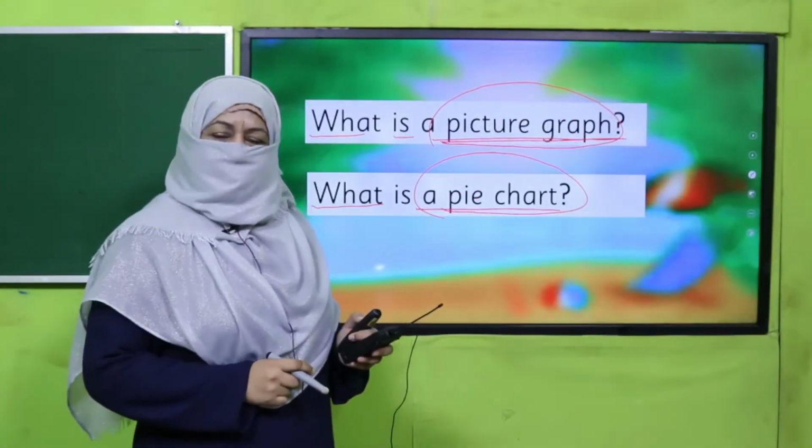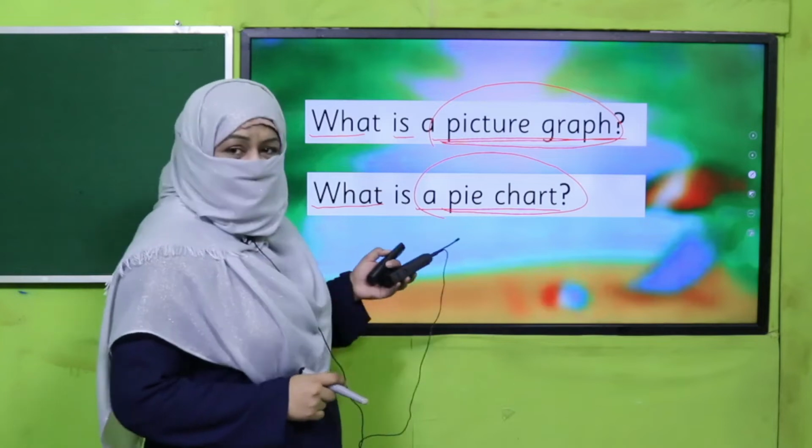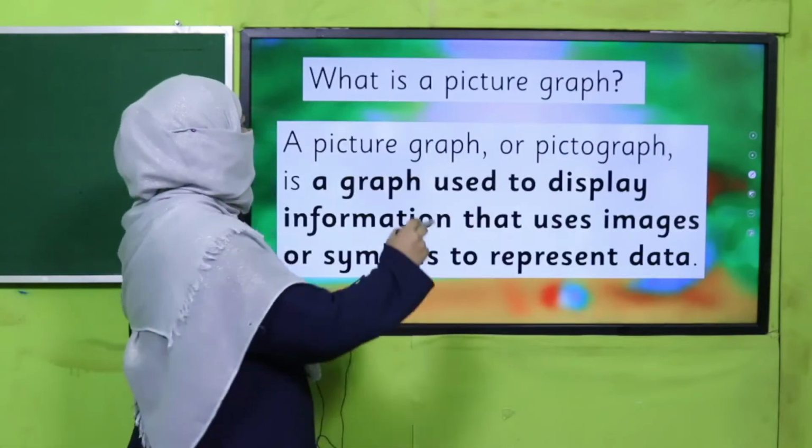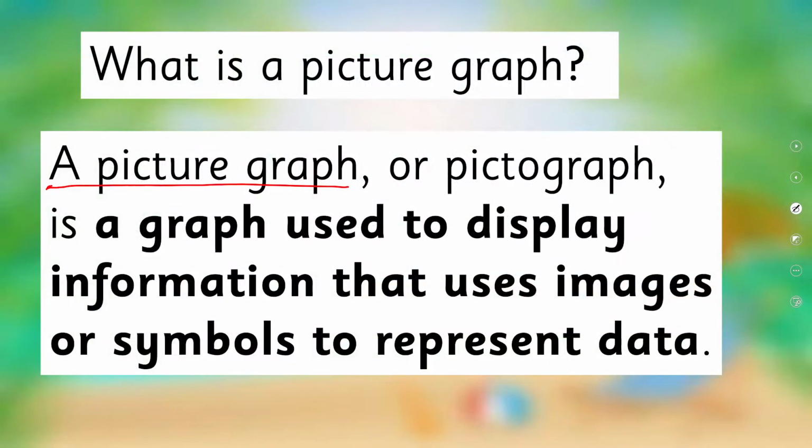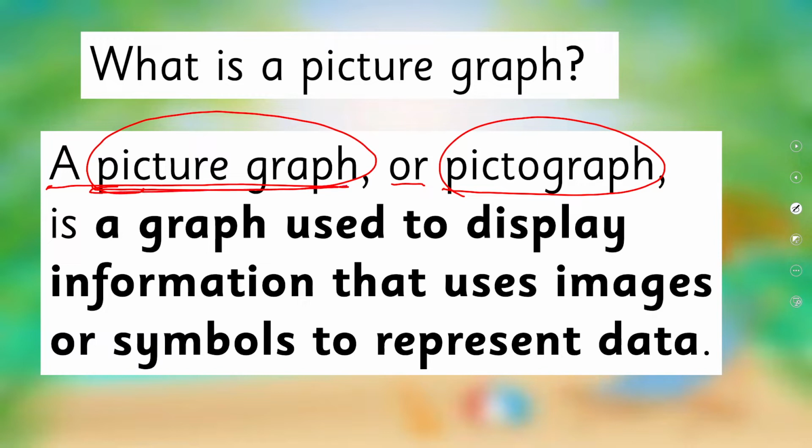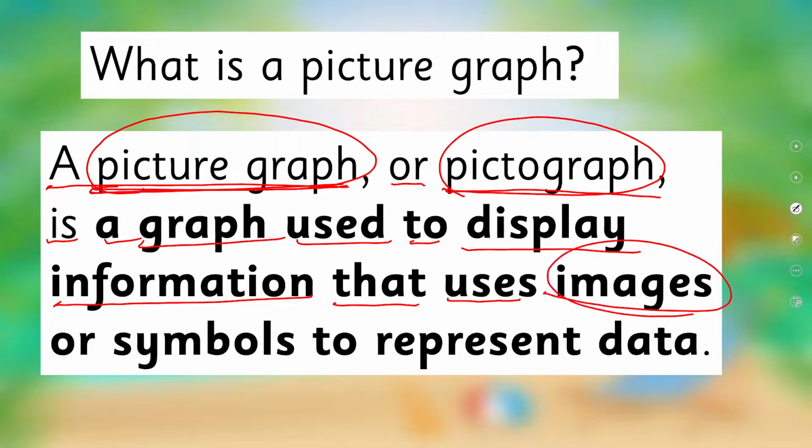Yes, my dear students. Okay, let's see what a pictograph is. A pictograph is also known as a picture graph. It is a graph used to display information that uses images, means that uses pictures or symbols to represent data.